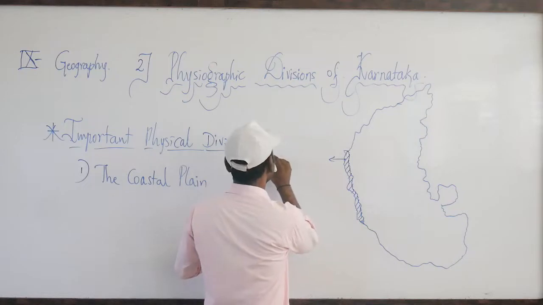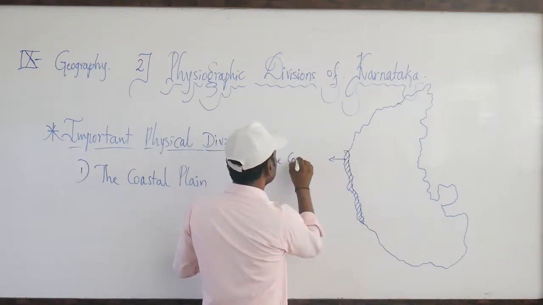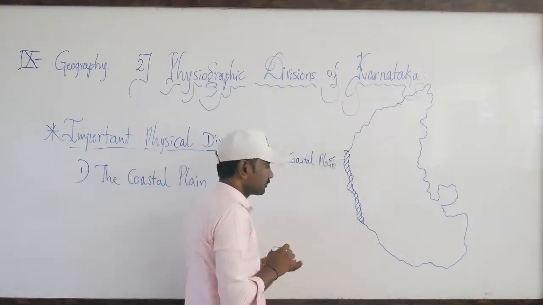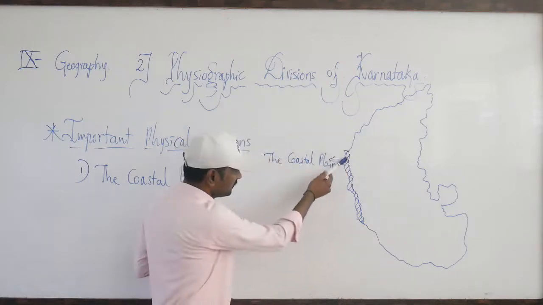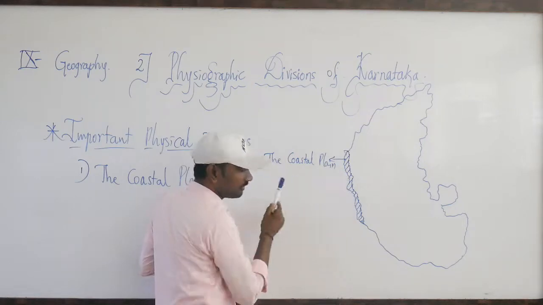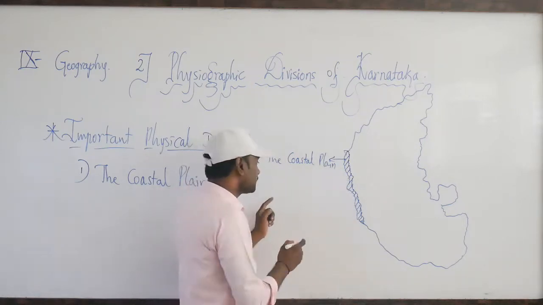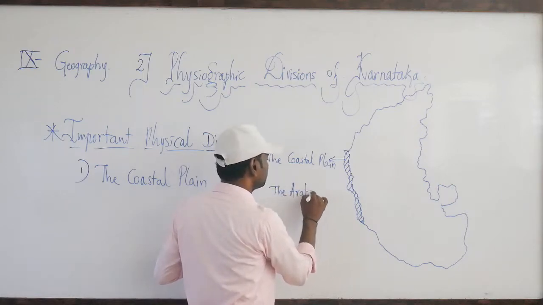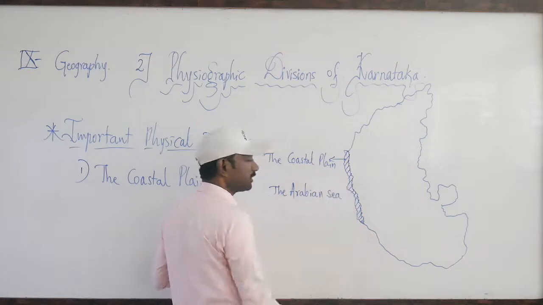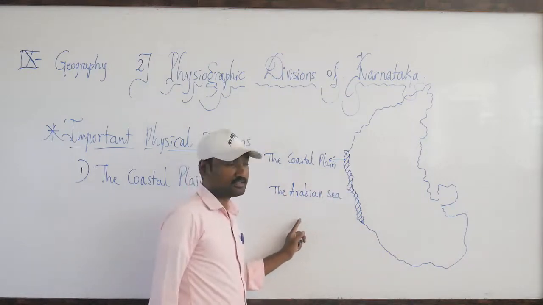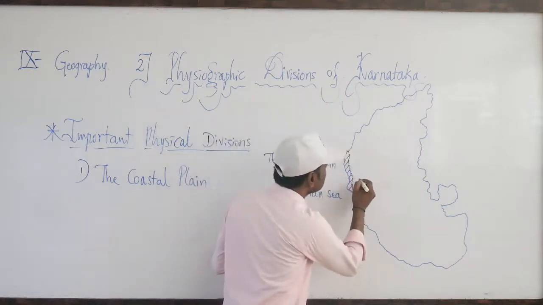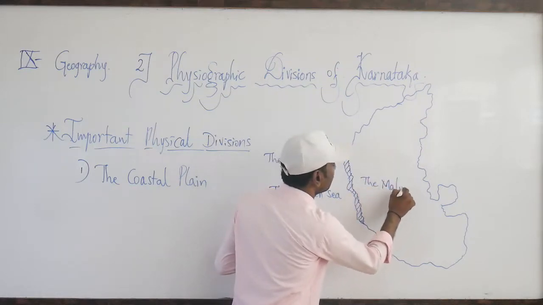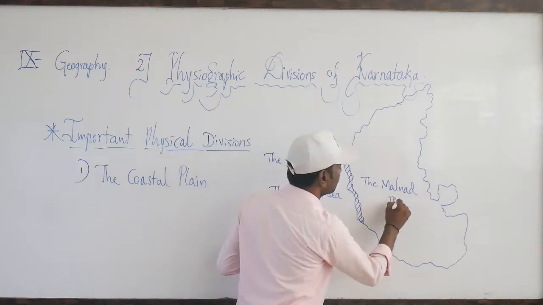This area is the coastal plain. Here, on the west side, is the Arabian Sea, and on the eastern side is the Malnad region.